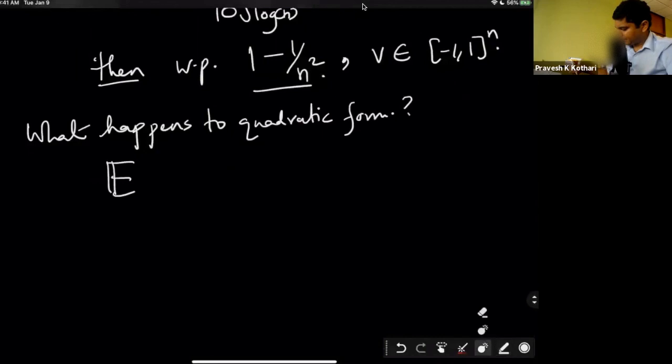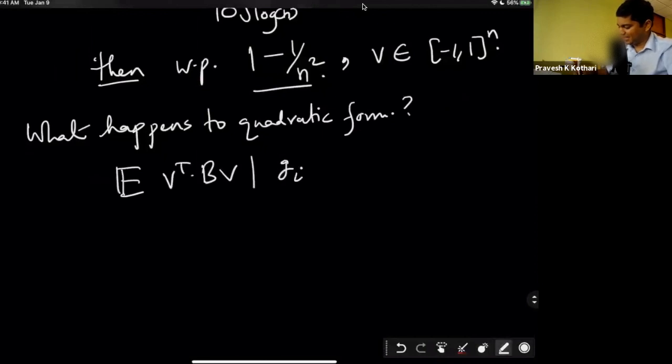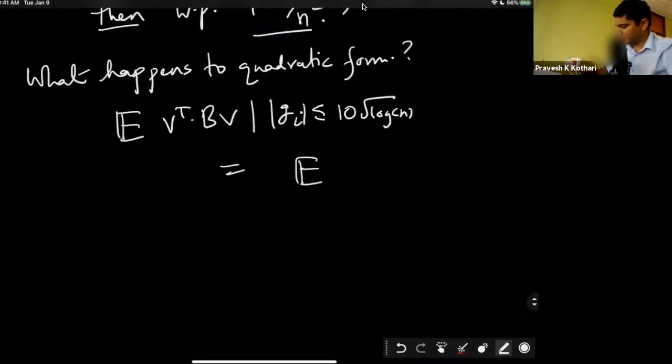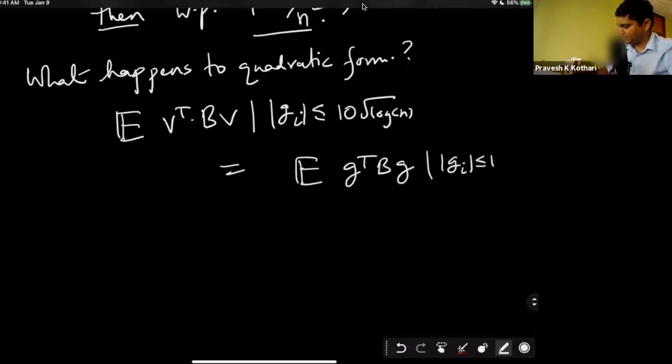Well, v transposed B v, conditioned on all G_i being at most 10 root log n, equals the expectation of G transposed B G conditioned on G_i at most 10 root log n.